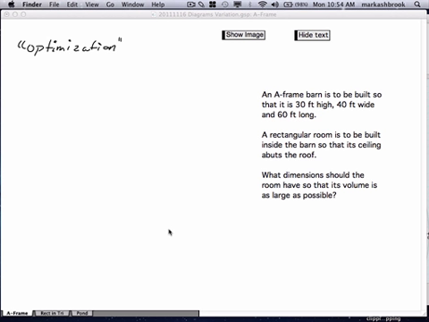It has two roofs, one on each side, and it's like a triangle. So is the 30 feet high? The 30 feet would be the height of the apex of the roof, and the 40 feet would be the widest dimension at the ground.